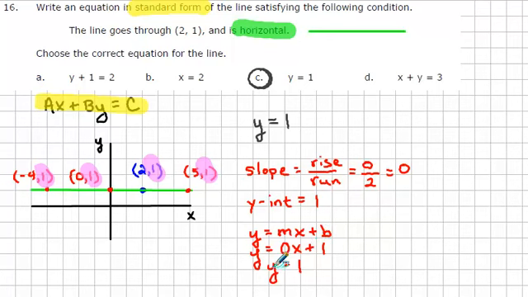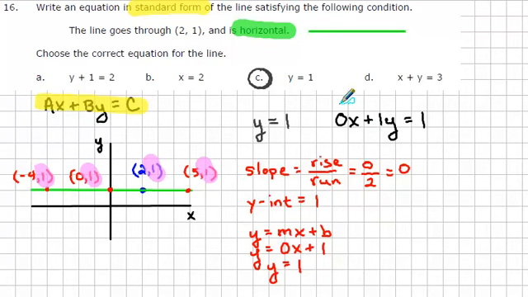Now in the back of your mind, you might be thinking, well, is this really in standard form? There isn't any x. So another way to think about y = 1, just so that we can clearly see that it's in standard form, is to think of this as 0x + 1y = 1.